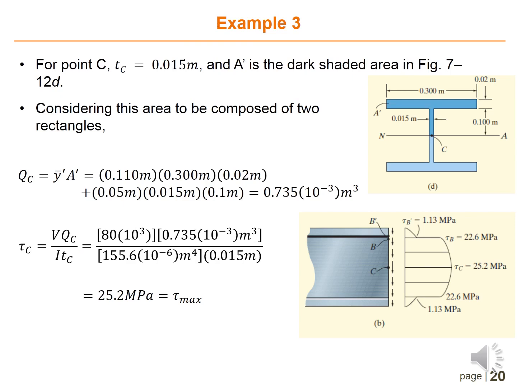Okay, then continue with the calculation of shear stress at point C, which has the width tC equal to 0.015, because C is located here, and t is associated to the web. And then you have to calculate what is the Q. Now you have to calculate Q again, because Q is always depending on y prime.